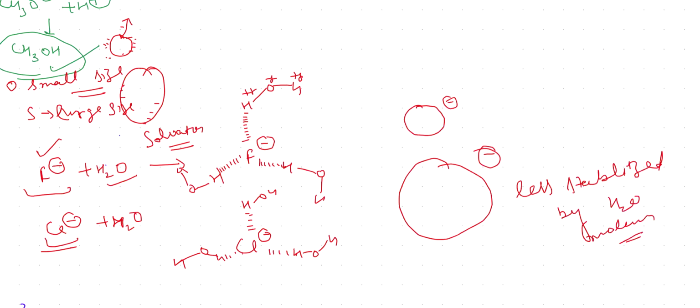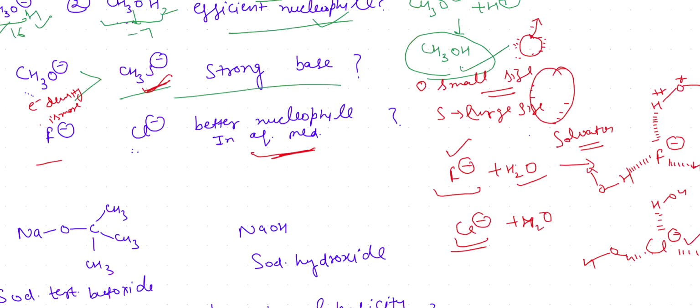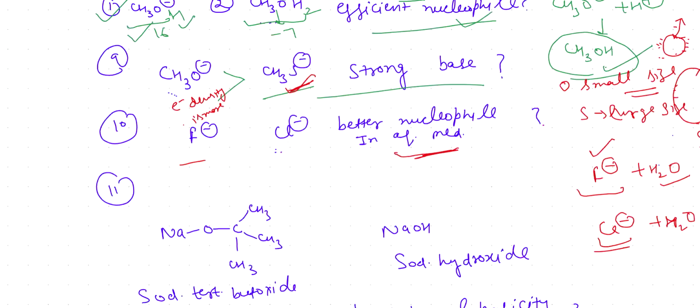Clear? Because of the large size of Cl negative, the water molecules will be at some more distance from it. So there is less solvation in the case of Cl negative. If it is less stabilized, it is free, there is no steric hindrance, so it can easily act as a nucleophile. F negative cannot act as a nucleophile as easily. So in aqueous media, Cl negative is a better nucleophile than F negative.